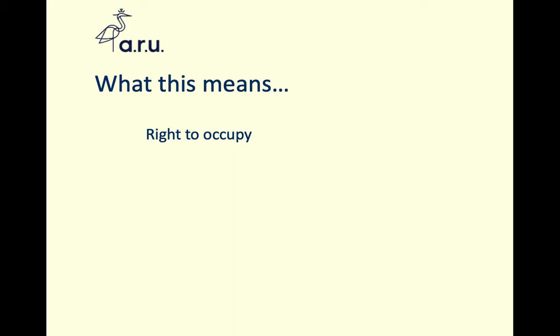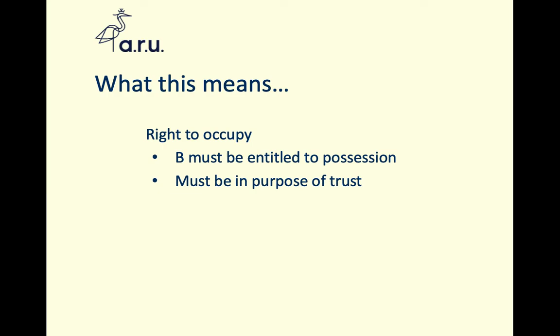However, that means that they have to have the right to occupy enshrined in some form of possession of theirs, so they have to be entitled to possess the land. It has to be in the mind of the trust when it was originally created, that's what might be done with it, that's what the property could be used for. The land must be available, so the land must be free to allow somebody to live there.